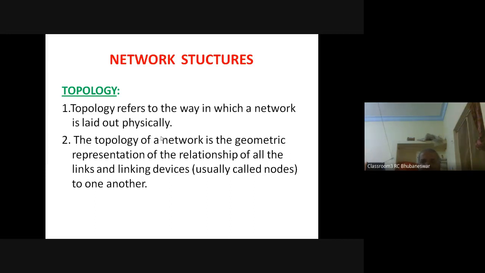The geometric representation of the relationship of all the links and the nodes is known as topology. How they are interconnected is known as its topology.